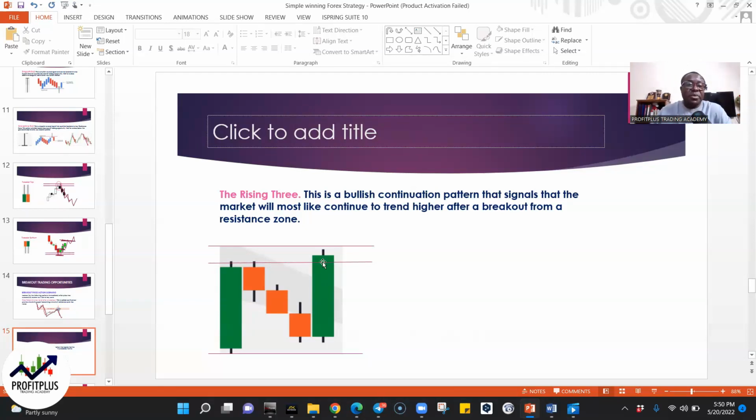You can see it breaks it and closes slightly above it. So this can happen as a retest. Price has come here, pushed down to that place and come back. So when this happens, it is a confirmation that the market would break the resistance zone.